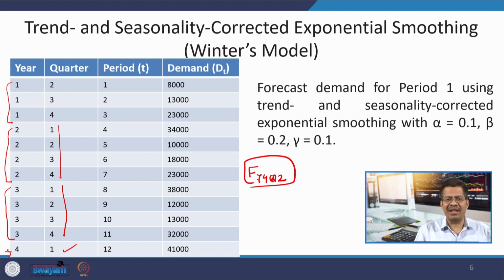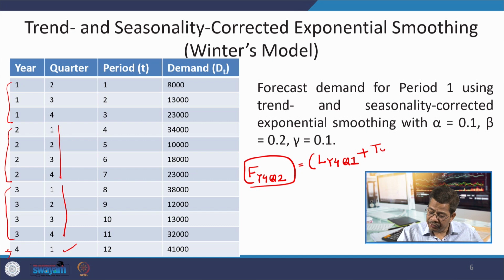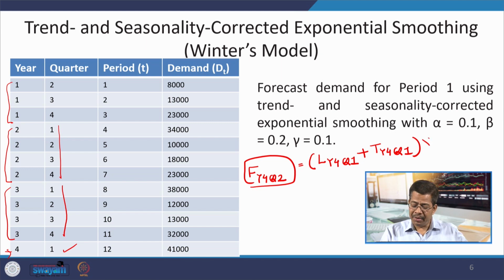Before I go to the next slide, I request all of you to try to work out, before I write it, what the equation for the forecast for year 4 quarter 2 should be. The equation will be: calculate the level for year 4 quarter 1 plus the trend for year 4 quarter 1, multiplied by the seasonal factor for year 4 quarter 2.